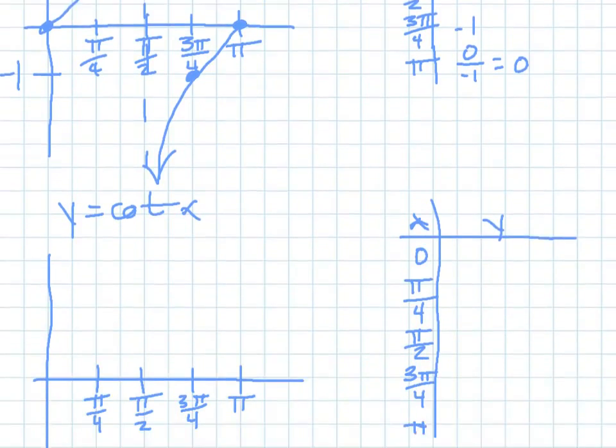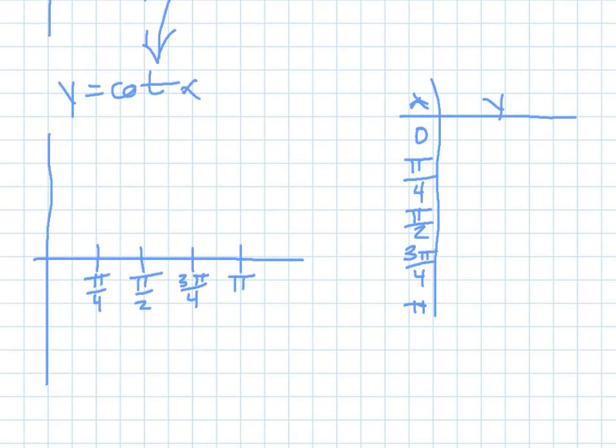And cotangent will look very similar as well, but here it's x divided by y instead. So if I do the same thing at 0, there it's 1 divided by 0, because your x value is 1 and your y is 0, so that's undefined. At pi over 4, it's still square root of 2 over 2 divided by square root of 2 over 2, which is 1.